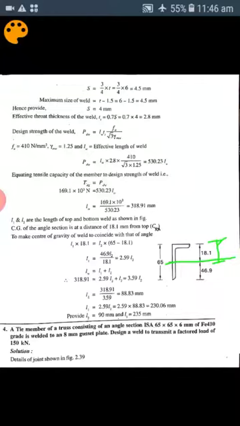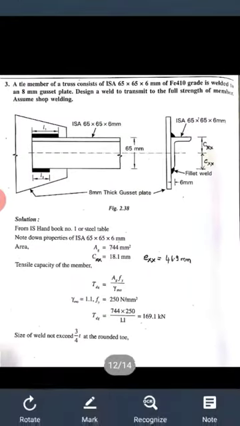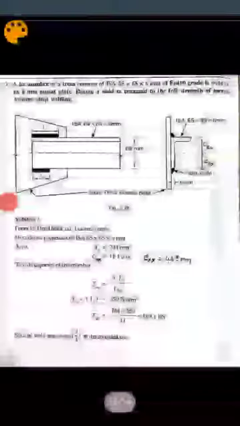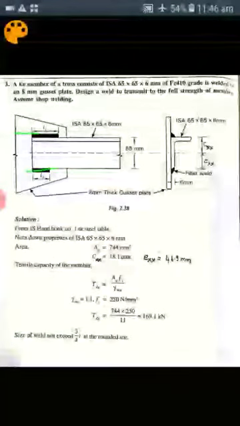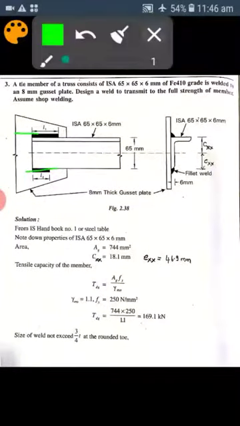So how are they obtained here? This side is L1 and this side is L2. It is given here. I'll show you. This is L1 and this is L2. Then we have to take the moment about any one end.